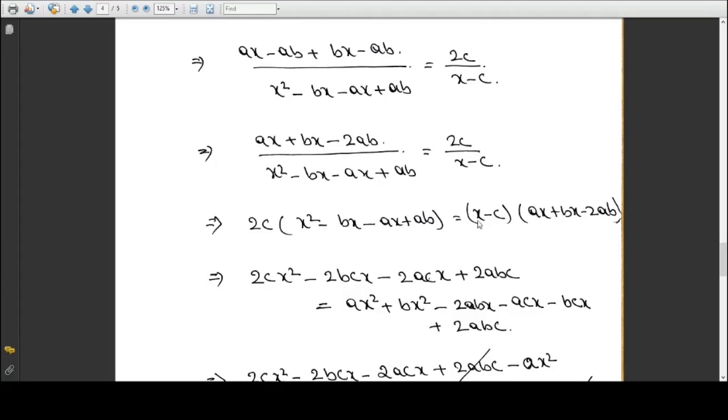On the right side we have x multiplied by ax, which gives us ax square, then plus with plus, x multiplied by bx is bx square, and plus with minus is minus, x multiplied by 2ab is 2abx.